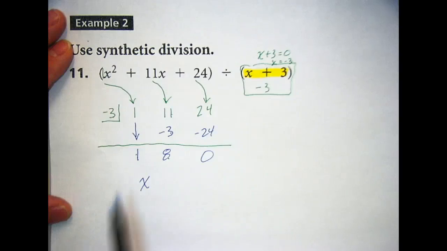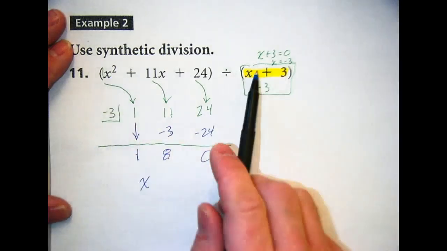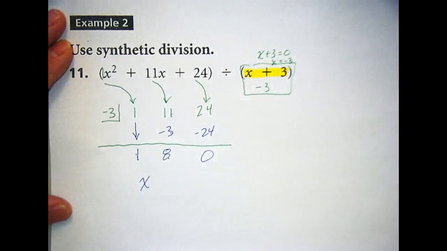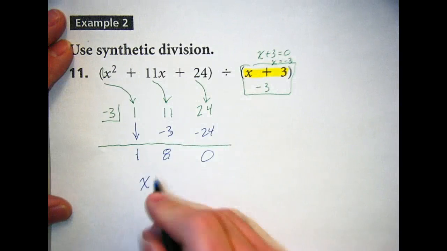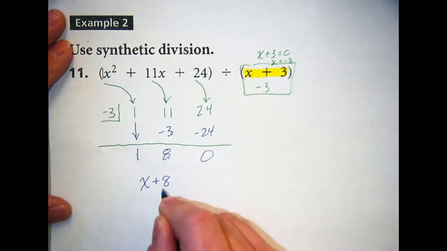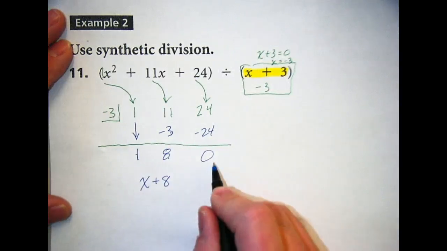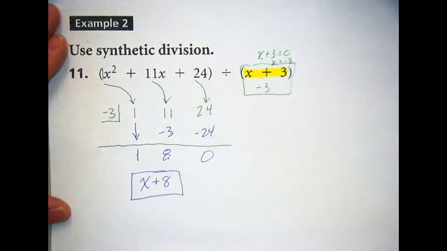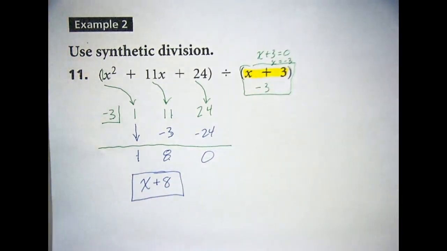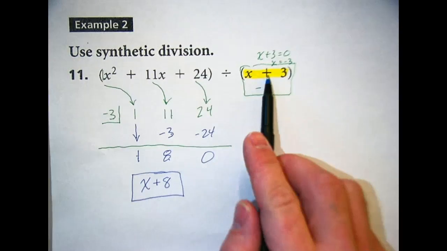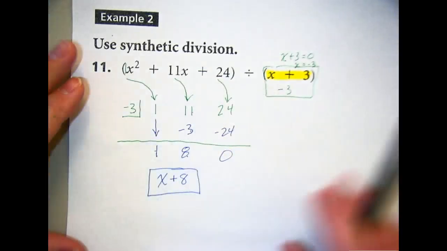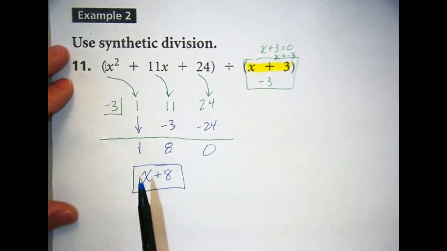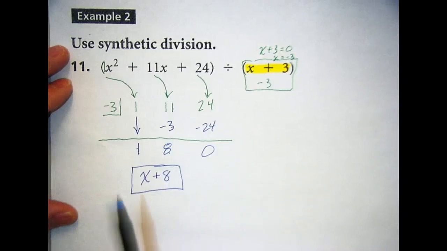It's 1x because it's always 1 less than this because we're dividing by a linear. This 8 represents plus 8. This 0 represents our remainder, which we don't have. That is our solution, x plus 8. That means x plus 8 times x plus 3 makes this, which we could have done by factoring. It would have been a lot faster, but that's all right.